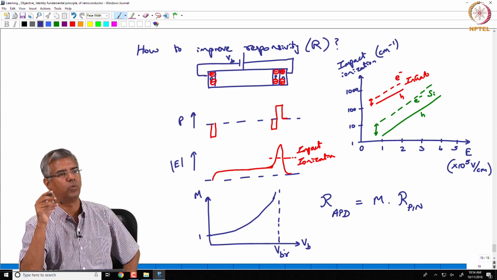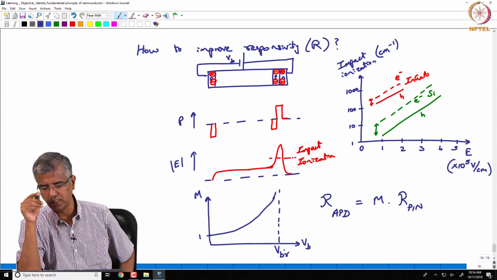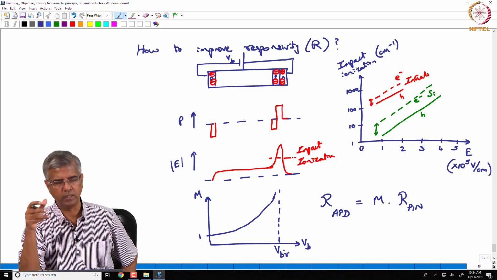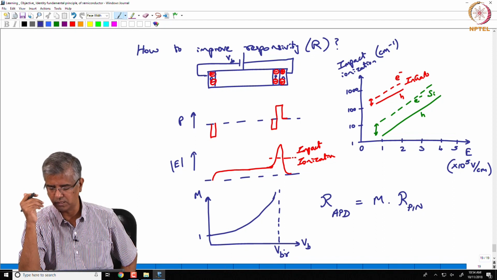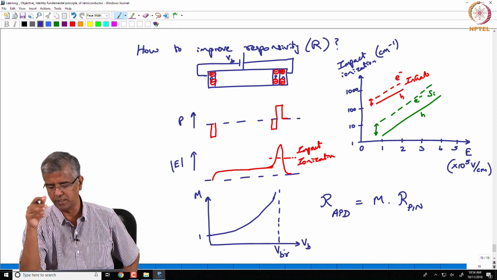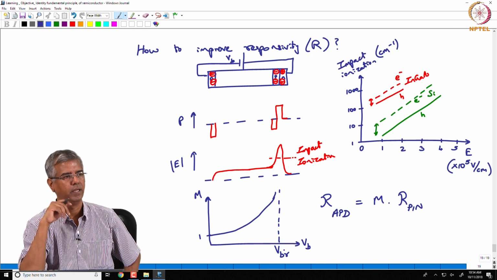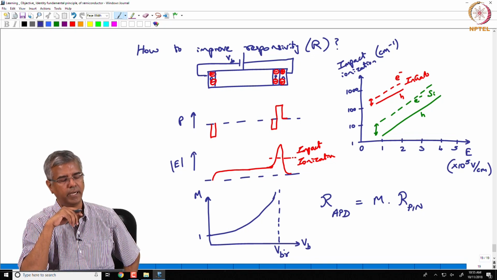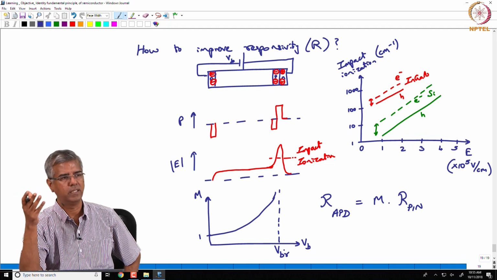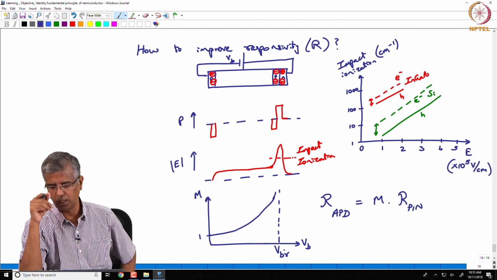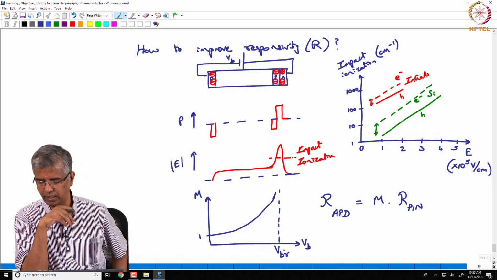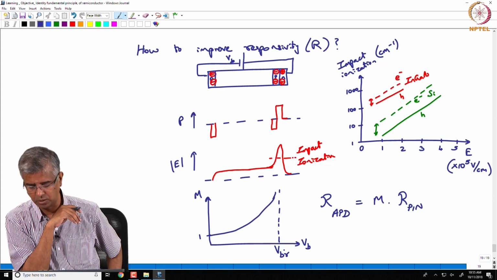So, beyond a certain voltage, that junction itself will punch through and break down, and then you won't be able to use that device anymore. But almost until then you can get gain, right, and gains of 10 or 100 are possible through this process, and this is what you are going to try to do this week.